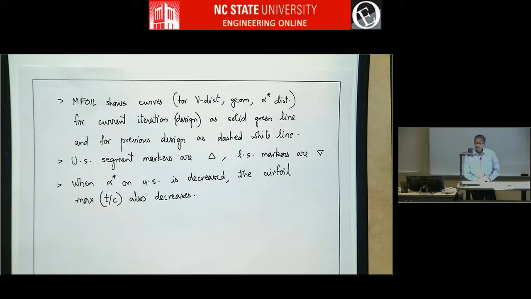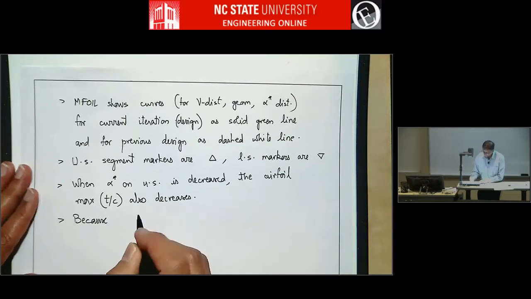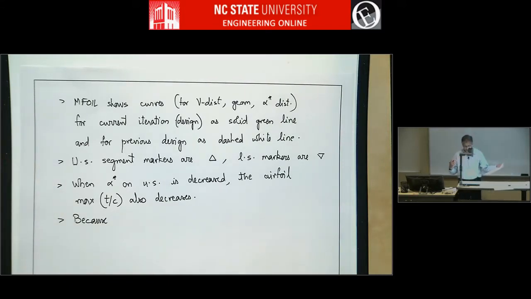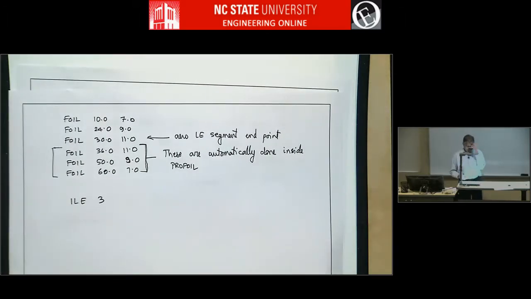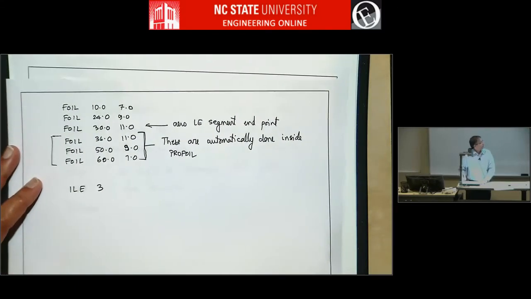Did we notice anything else? Yeah, the 0 degree has a common line. That's because it's a symmetric airfoil. So because this is a symmetric airfoil, you know, I'm pausing because this is page 18-9 from the previous lecture.